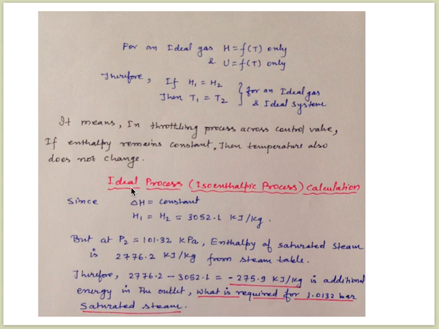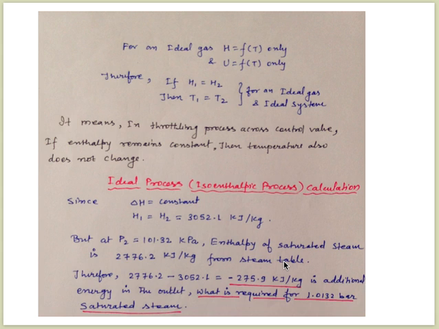So first we will see the ideal process, the isenthalpic process calculation. We consider delta H constant, so H1 equals H2, which is 3052.1 kilojoule per kg at 10 bar and 300 degrees centigrade, which I mentioned initially. But at P2, which is 101.32 kilopascal, the outlet pressure of 1 bar, the enthalpy of saturated steam is 2776.2 kilojoule per kg from the steam table.